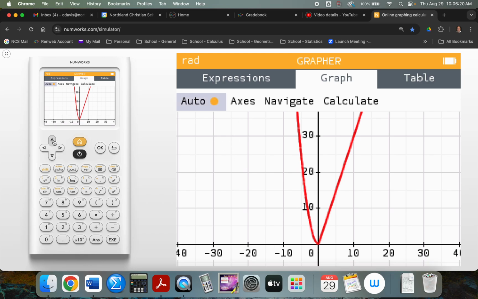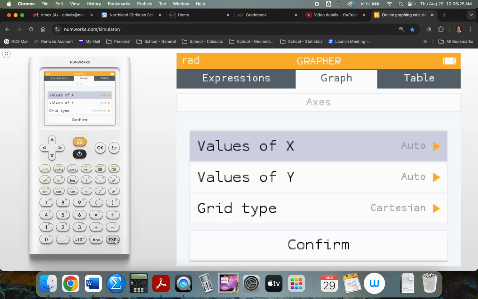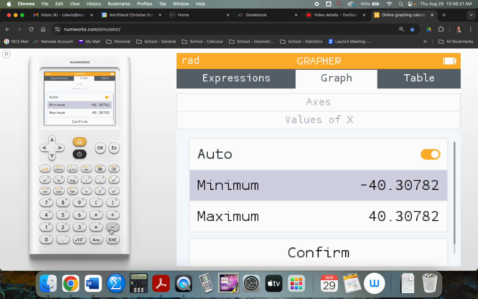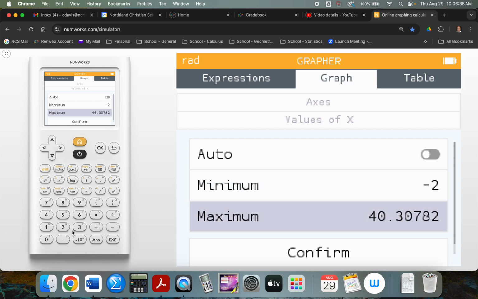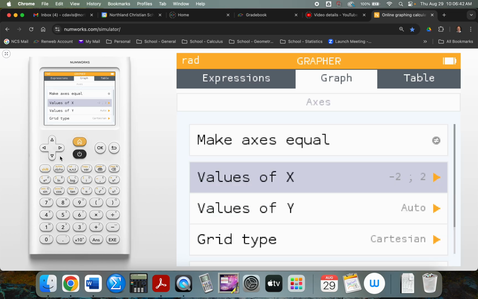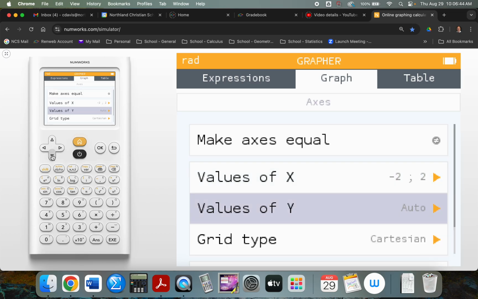So instead of auto doing it, I want to pick my values of x. I'm just going to go from like -2 to 2. And then for the y, I don't know, I'll go -2 to 6 or something.